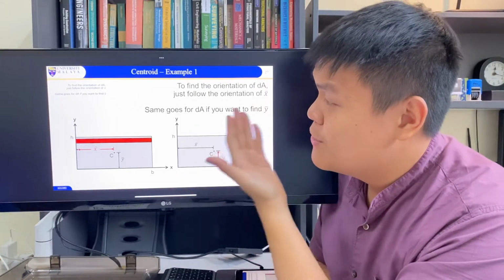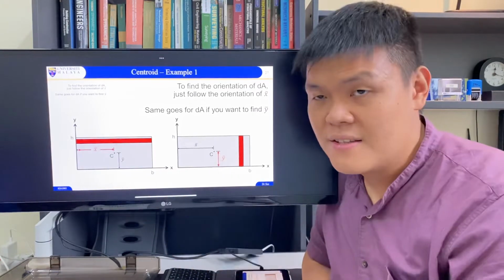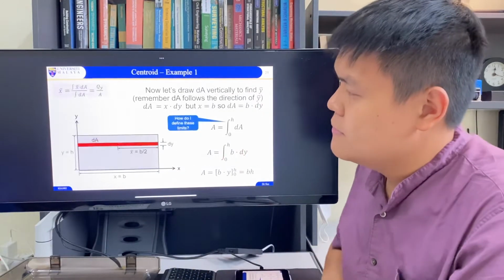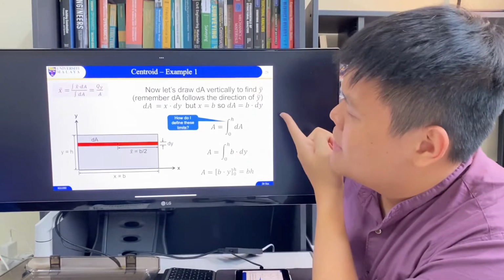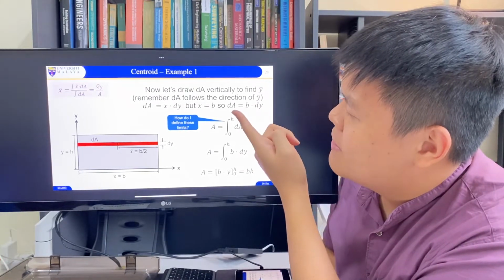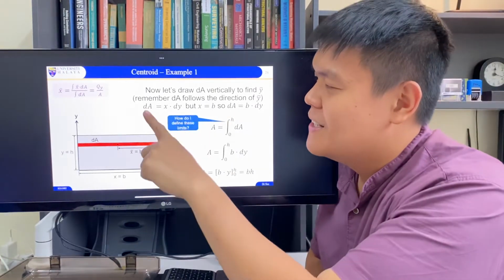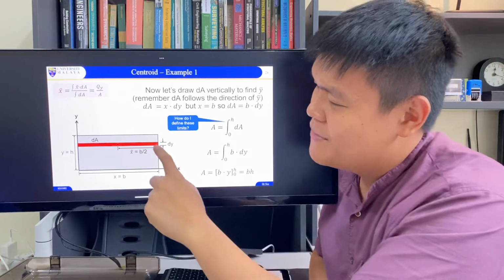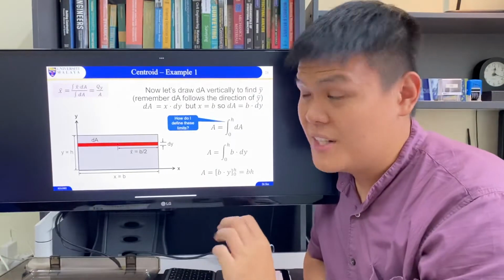So if you want to find x bar, then you write the area in this direction.